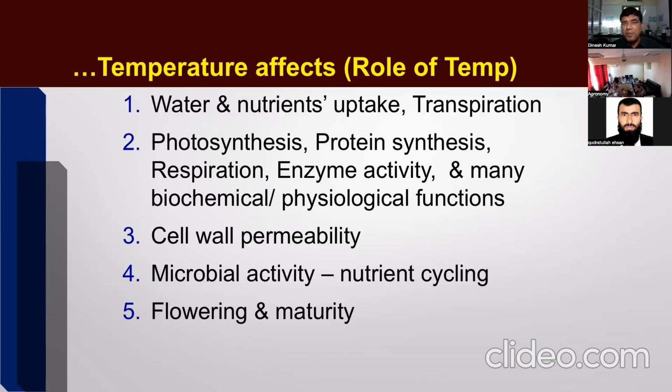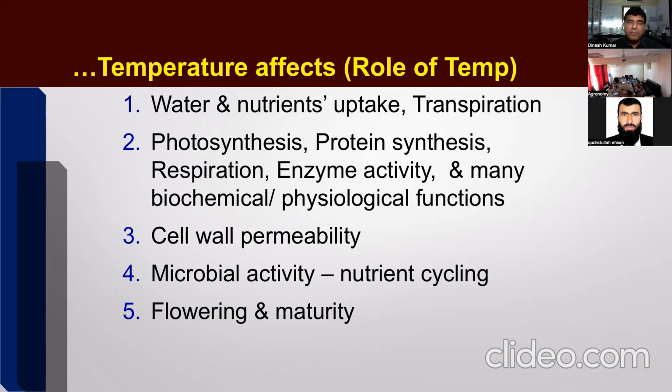Cell wall permeability means, suppose water is passing through the plant. Passing of water or nutrients will be adversely affected by low temperature. Particularly at low temperature, cell wall permeability will reduce, and that will reduce the movement of water in the plant system, and nutrient movement will also be affected.